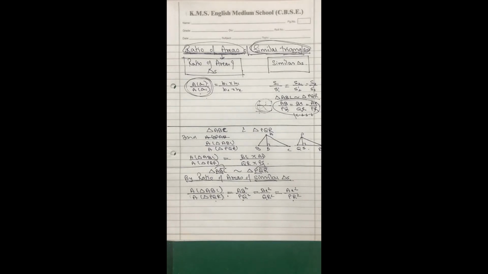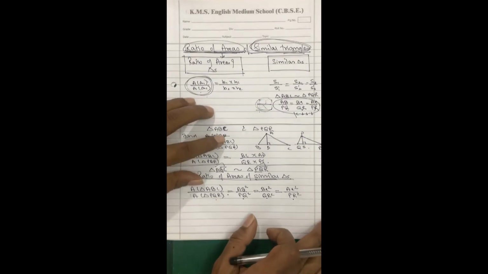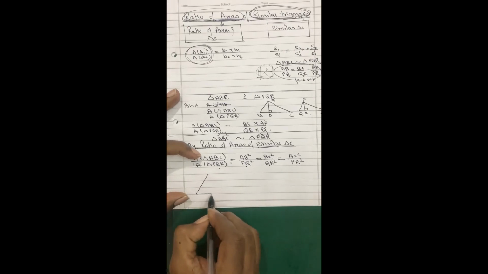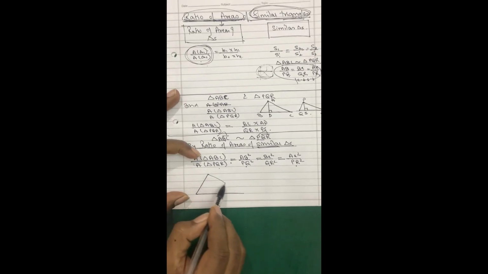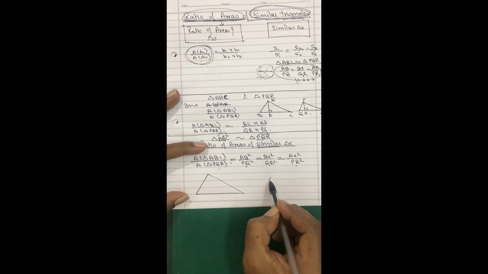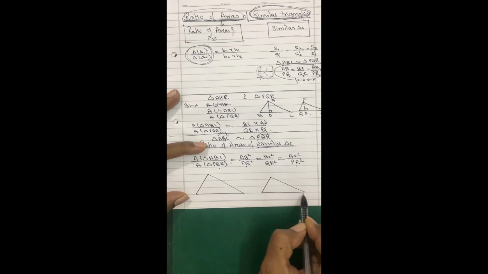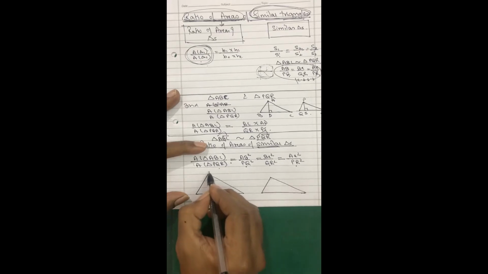Now one more important thing, very important thing. My dear students, this is really very important and you have to remember this. Supposing there are two triangles, that is the beauty of this theorem, the ratio of areas of similar triangles. They go two steps ahead.